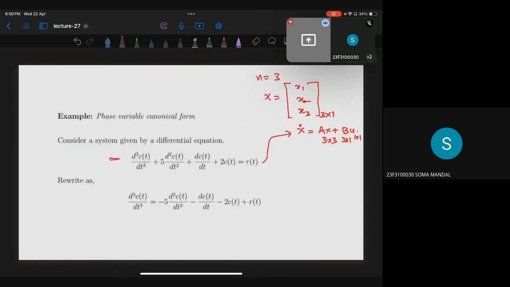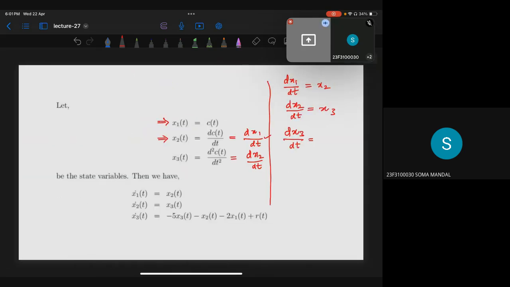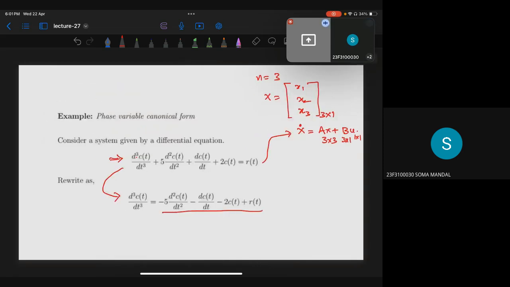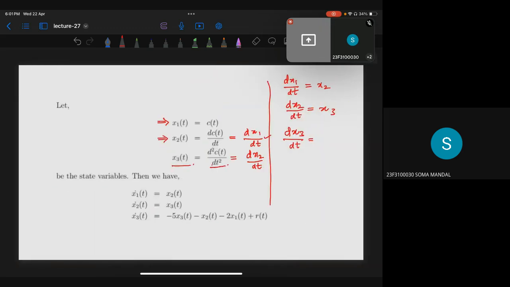In this differential equation, what is d cube c by dt cube? Taking the derivative of this, it is nothing but dx3 by dt, correct? Yes, sir. So you take all these terms to this side. What is this term? What is this term? And what is this term? D square c by dt square, what is it? x3, correct?